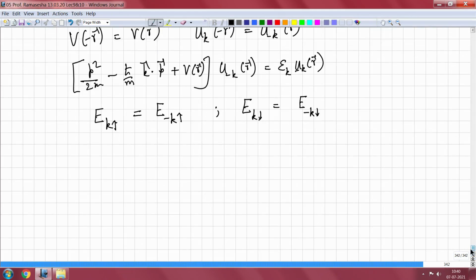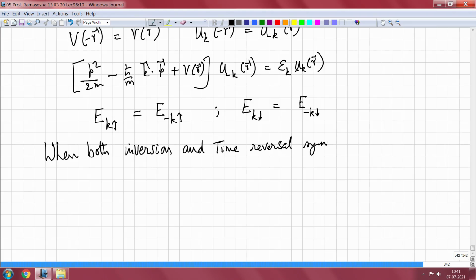Or in other words, when both inversion and time reversal symmetry exist, we have E k up equal to E k down equal to E minus k up equal to E minus k down.